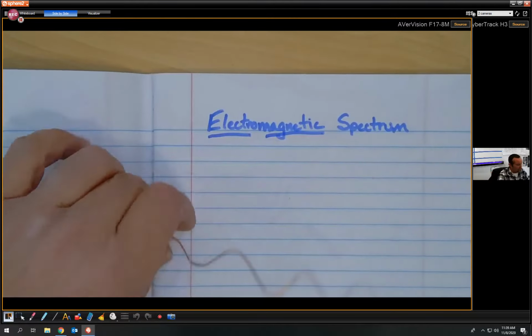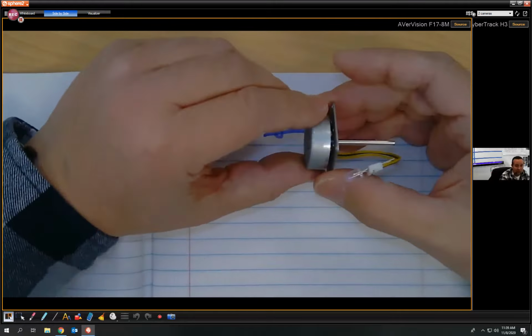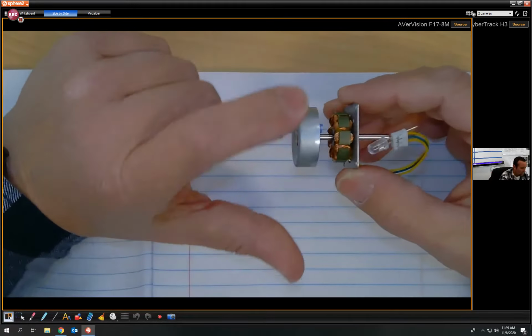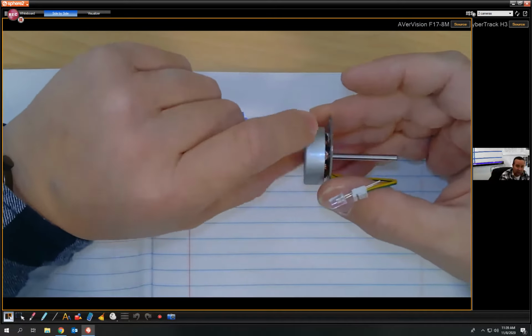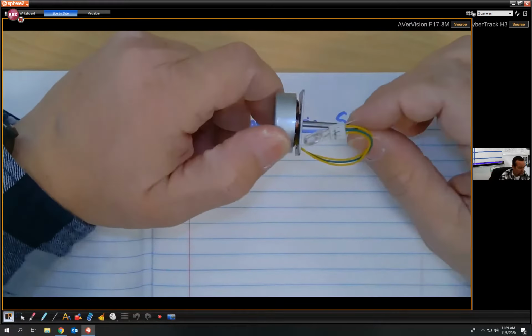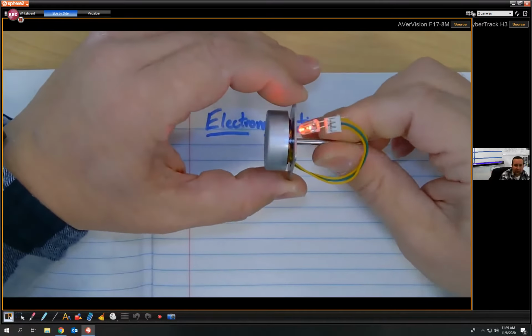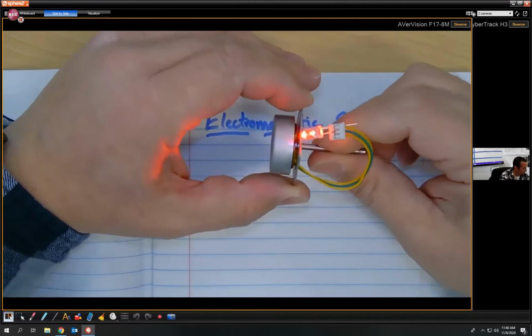In our last unit, we learned that there was a relationship between electricity and magnets. And if we slide a magnet across a conductor, we can actually generate an electric field. Kind of like this here, you can see the light is actually being generated from the electricity.